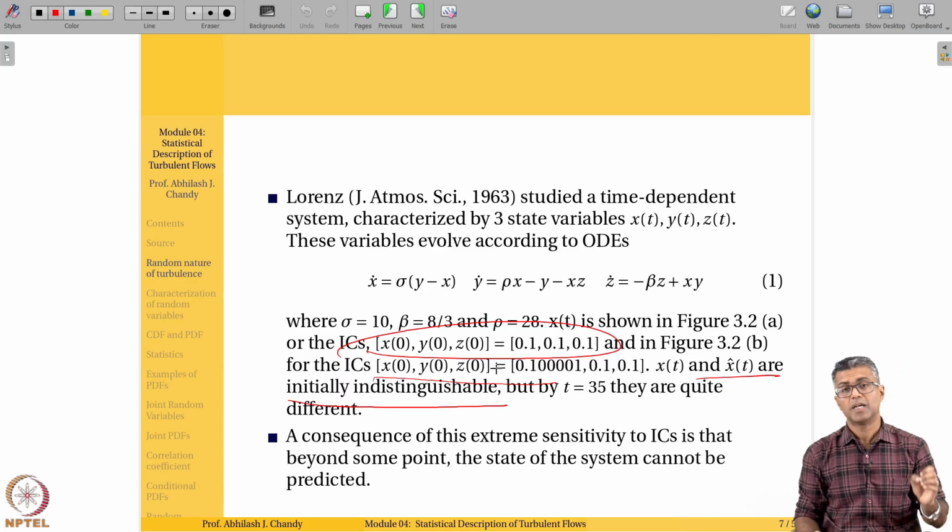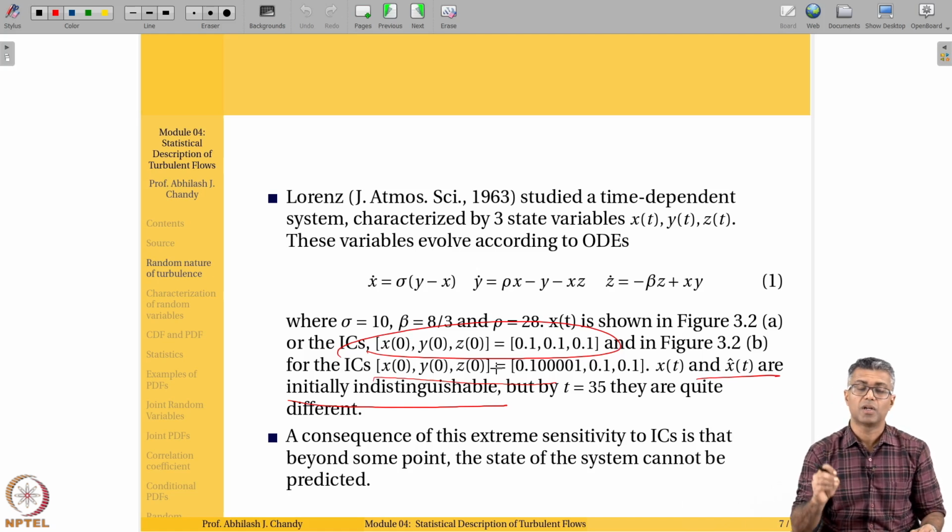However, it illustrated the fact that if such a simple system could exhibit that sensitivity to initial conditions, then just imagine how sensitive the Navier-Stokes equations would be to the initial conditions. And that is the second point. We already discussed this quite a bit in modules 1 and 2.